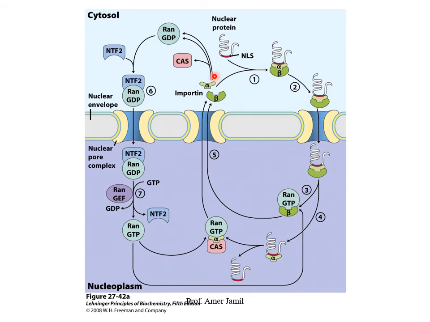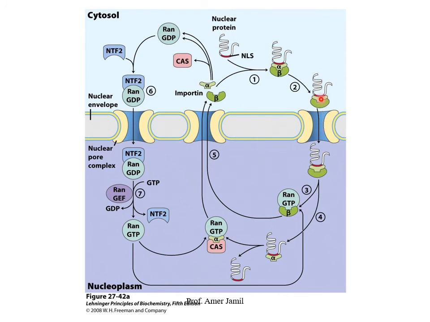This is one example of a nuclear protein, and it has a nuclear localization signal. This protein has to be destined to the nucleoplasm, and again it has some specific factors to which this protein binds, like importins, and they help in the transport of this protein.